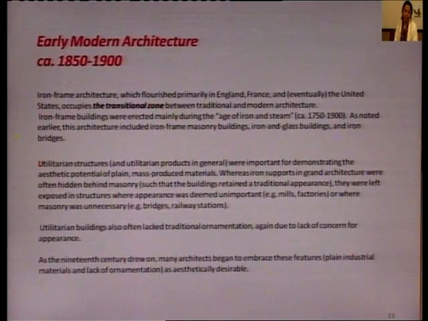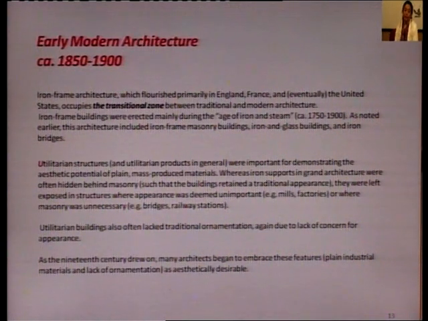So in order to do all this, the utilitarian building was required. And did we need the traditional ornamentation? No, we did not need the traditional ornamentation. There was not a concern for appearance, it was a concern for the function of the building.